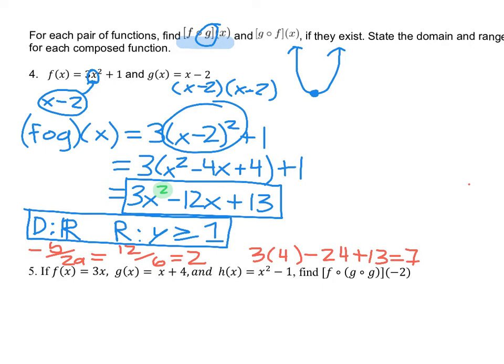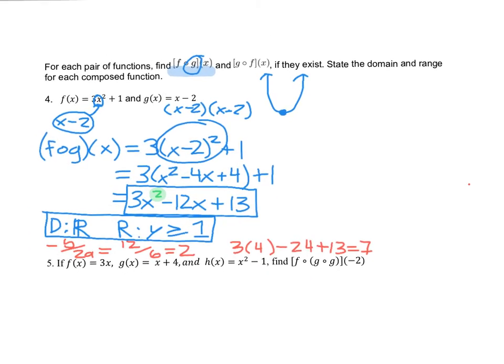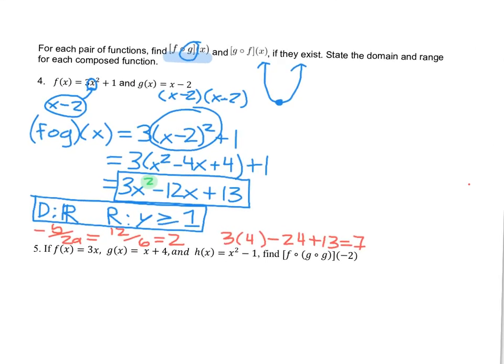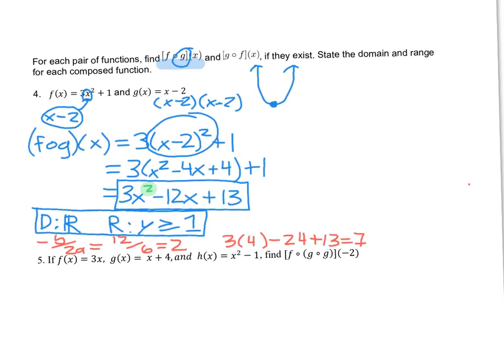Okay, so now we have to find g compose f of x. Alright, so for g compose f of x, remember you start with the second letter, so we're going to take 3x squared plus 1, and we're going to plug that in to the g of x function.